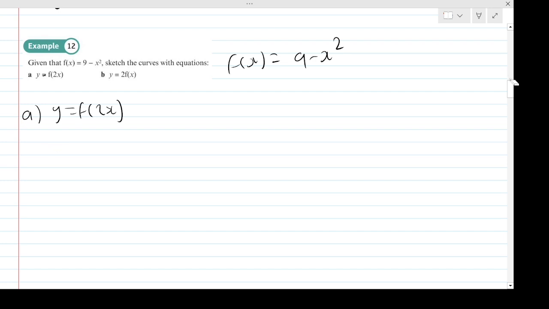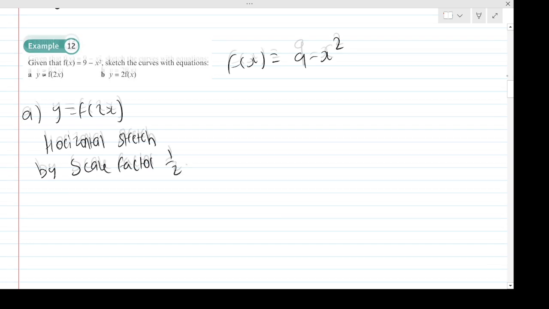You'd expect it to multiply the x values by 2 because it's inside the function, but you do the opposite, so instead you divide by 2, which means the scale factor will be a half, because you multiply by half, which is the same as dividing by 2. So we call this a horizontal stretch by scale factor a half. That's what we formally describe this transformation as.